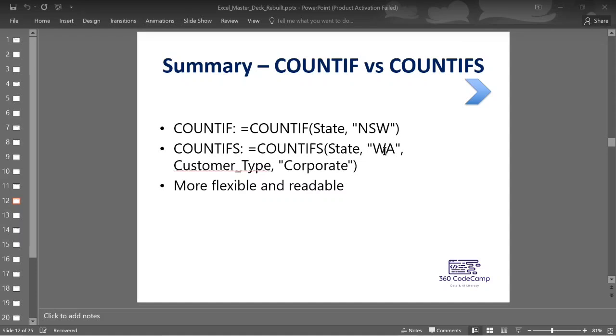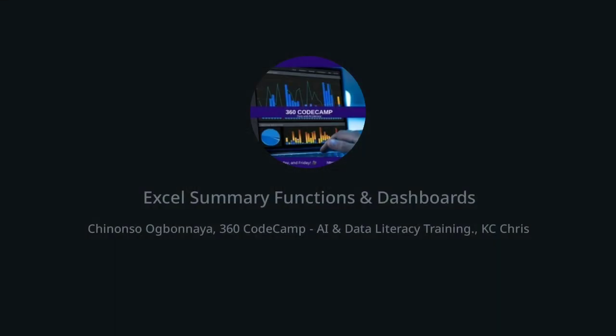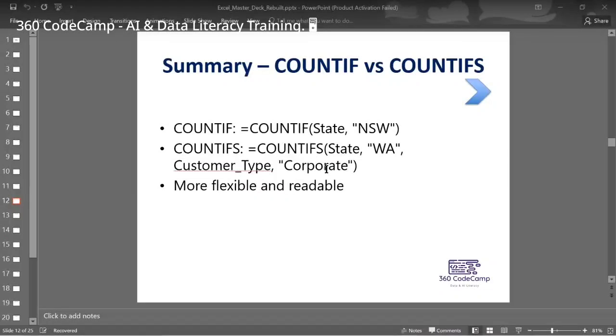It will move to this one and make sure that it is counting customer types that are corporate and live in WA. So even if you live in WA but you don't belong to this customer type, it will not count it.